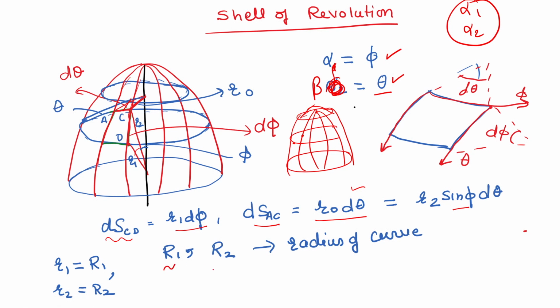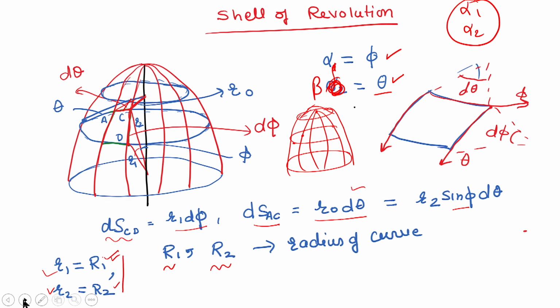Here r1 and r2 are radii of curvature. Generally the formulation is done in terms of small r1 and r2, but at the end of the day the radii of curvature are related to r1 and r2.